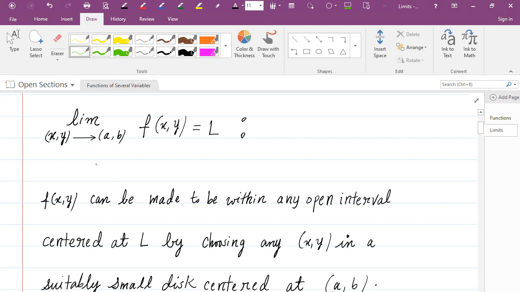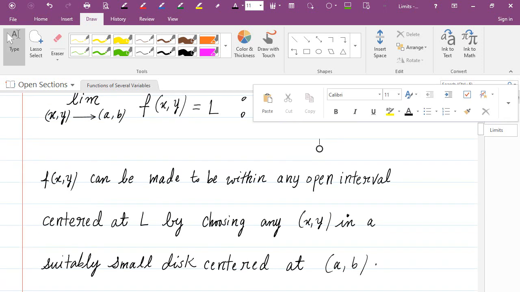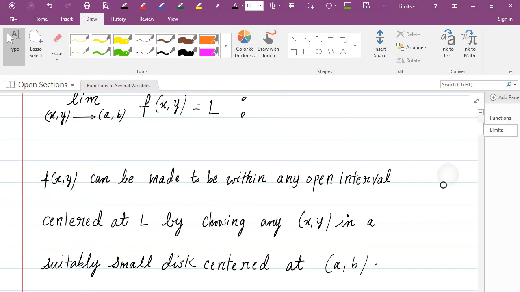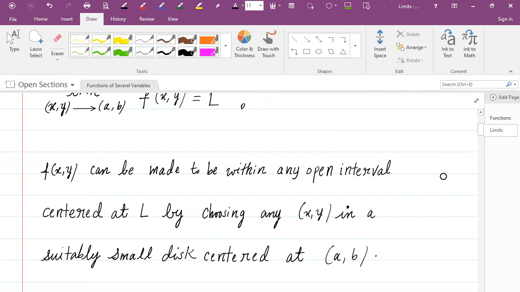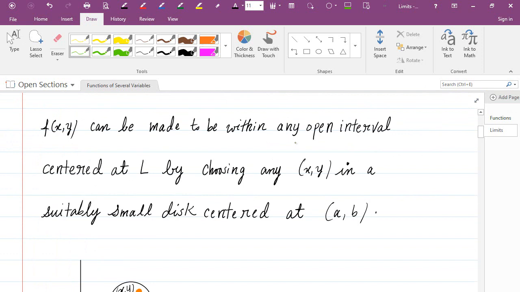If we write that this limit is L, then what do we mean by this symbol? The limit of f as (x, y) approaches (a, b) is L. It means that f of (x, y) can be made to be within any open interval centered at L by choosing any (x, y) in a suitably small disk centered at (a, b).